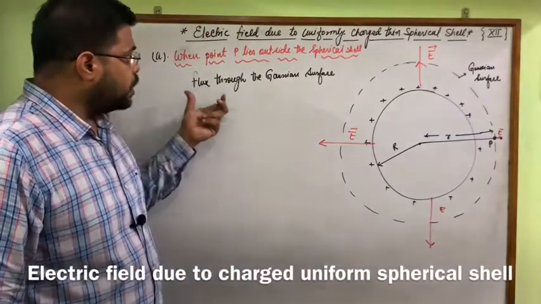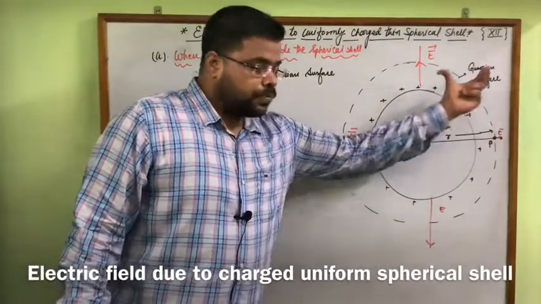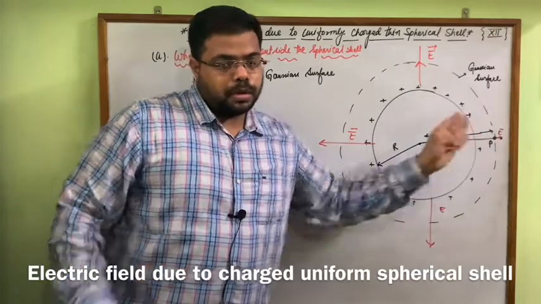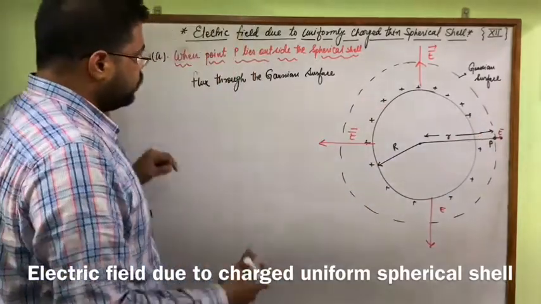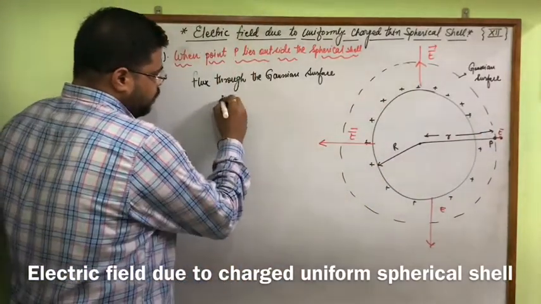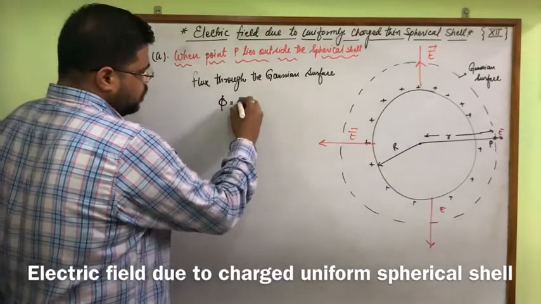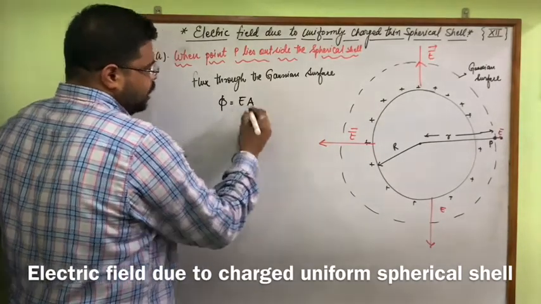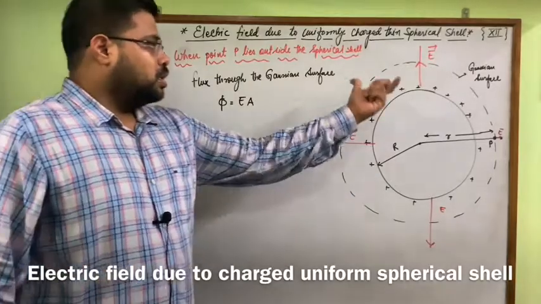Now here, first of all, the flux through the Gaussian surface at the point P, which is outside the spherical shell. We know that phi equals E times A, the area of the closed curved surface.